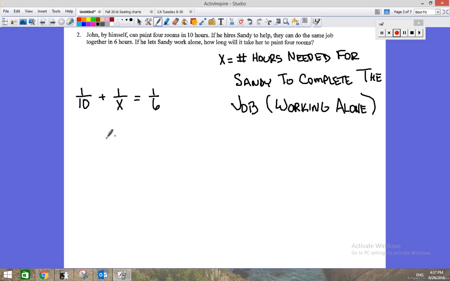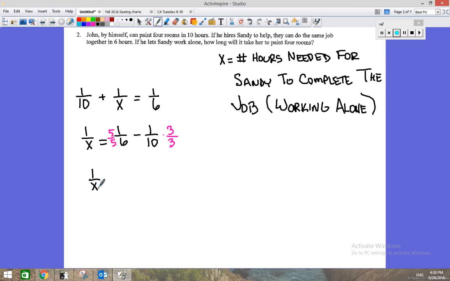So let's solve for x by subtracting 1/10 from each side. Let's get a common denominator. I could get a common denominator of 30 by multiplying this by 3, this by 5.